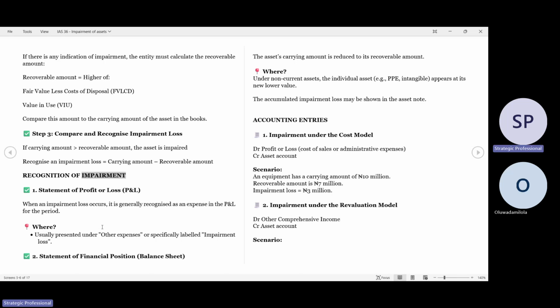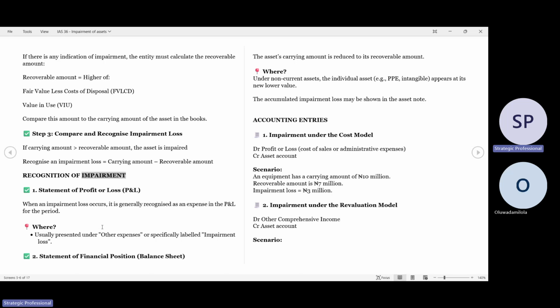We take it as other expenses, or we call it out as impairment loss. So companies usually recognize impairment loss as an expense in their financial statements. When I say an expense, it means that it can either be cost of sales or administrative expense. Bear in mind, it's not an income.